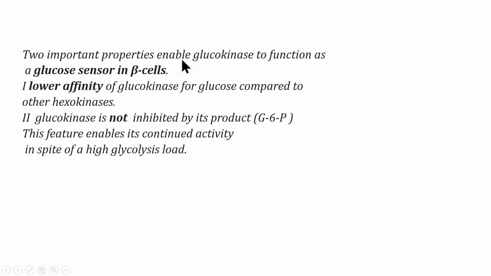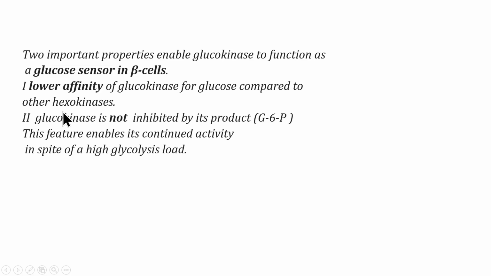Two important properties enable glucokinase to function as a glucose sensor in the beta cells. Once the glucose has entered into the beta cell through the GLUT2 channels, the glucose gets phosphorylated by the enzyme glucokinase. This glucokinase enzyme has a lower affinity for glucose compared to other hexokinases.